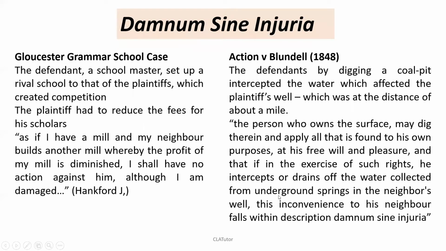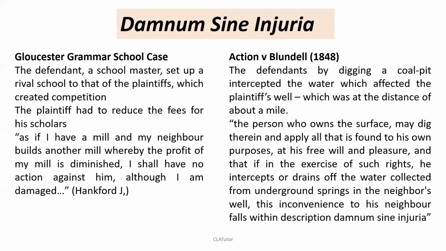Now, when we look at damnum sine injuria, again, there are two very famous cases which lay down this principle. The first is the Gloucester Grammar School case, wherein a rival school was started right in front of the first school, as a result of which there were huge losses which were suffered by the latter, and the latter also had to reduce their fees.